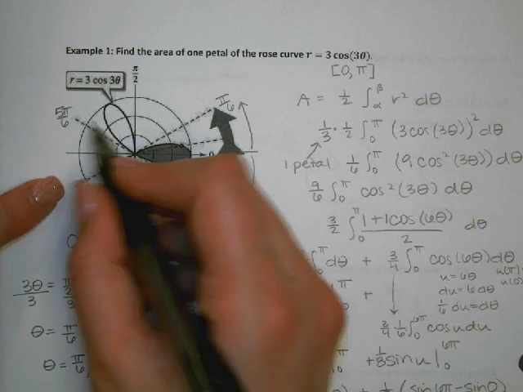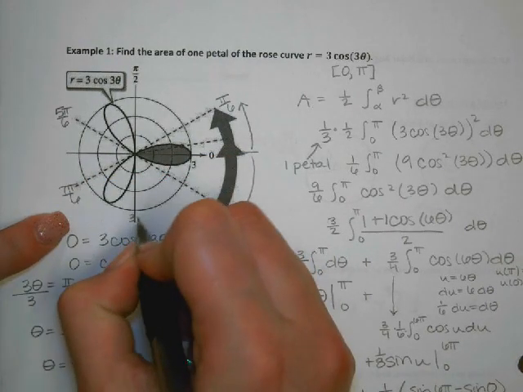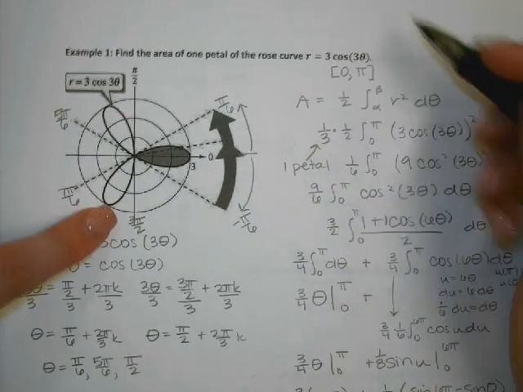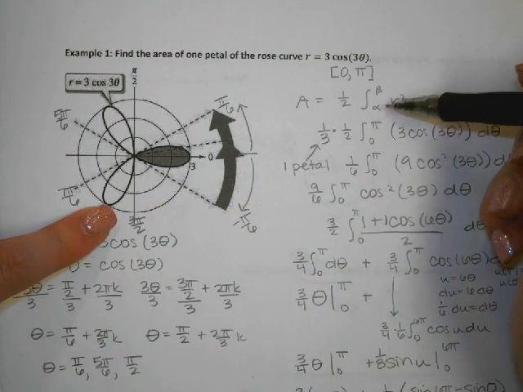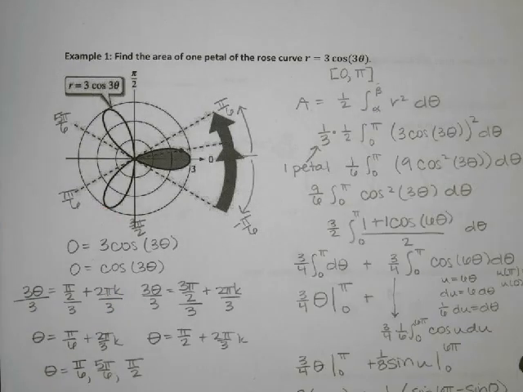Using some symmetry here, if this is 5 pi 6, I know this is 7 pi 6 and 3 pi halves for the other petal. Then if I wanted to find just that petal, I could do 7 pi 6 to 3 pi halves. And if you plug all of those into a calculator and check the decimals, they're all the same.